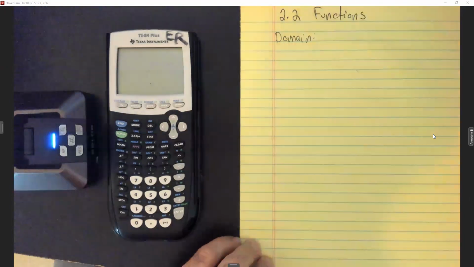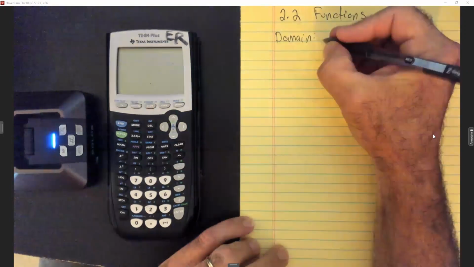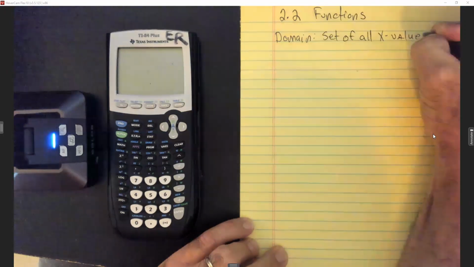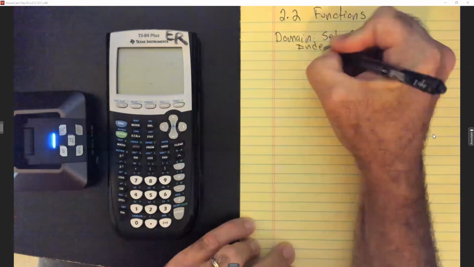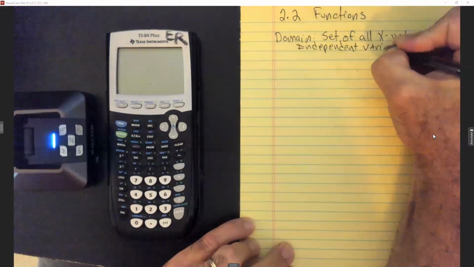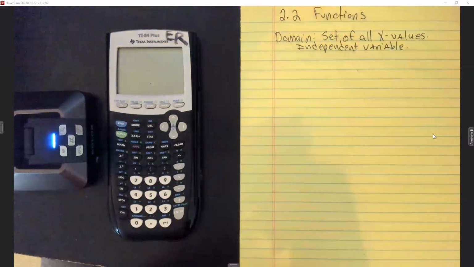So remember, in a function, your domain is the set of all x values. And it's also called the independent variable. And what that means is I can pick any x's to put into the function, okay?